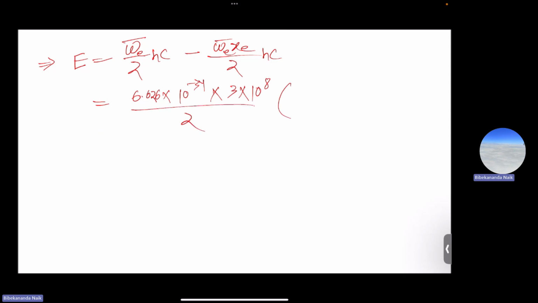We can take it common, and then it will be 4340 minus 120. So if you calculate, you will get 4.256 into 10 to the power minus 20 joule.